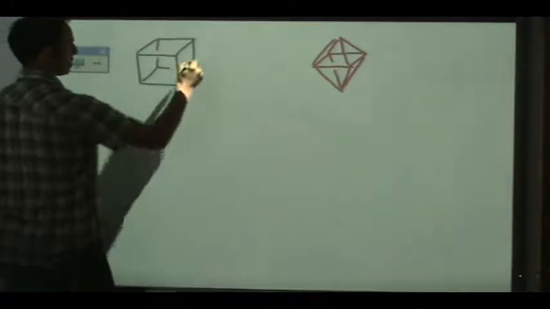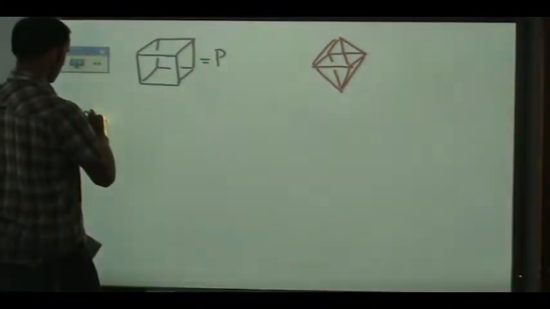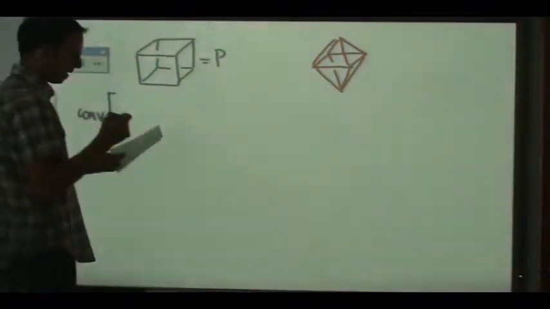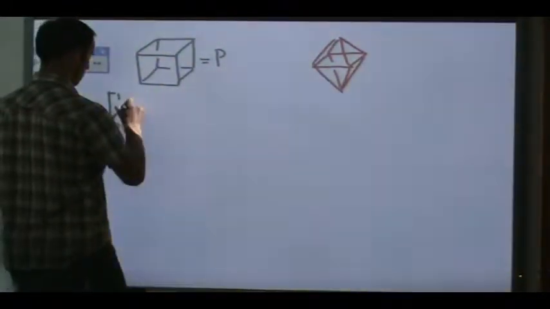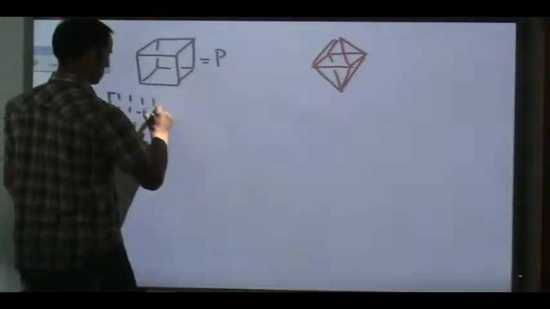And so this is P, and so P we can write as the convex hull of 1, 1, 1. We already did this, but I'm going to do it again anyway.